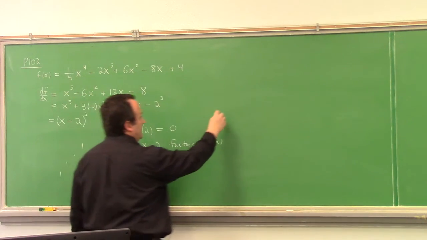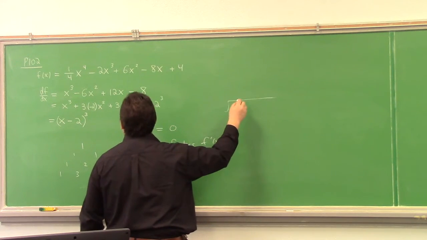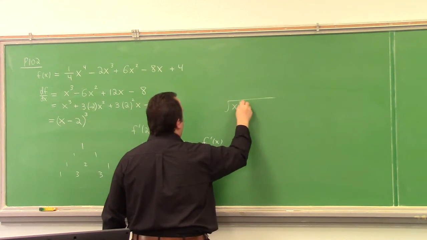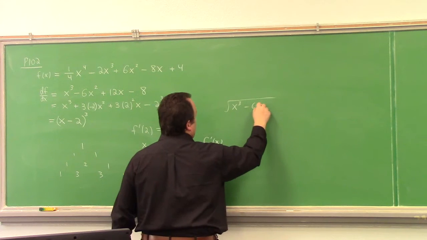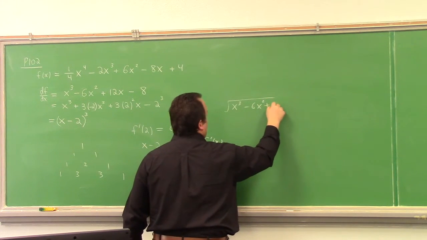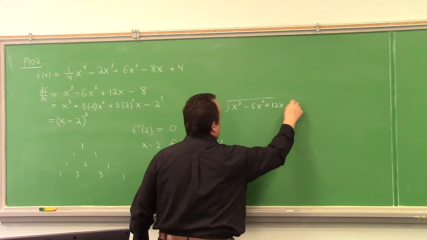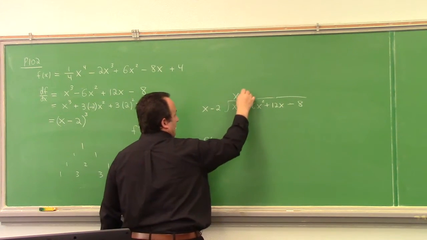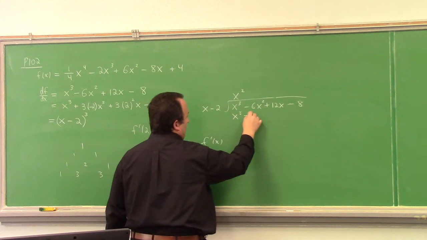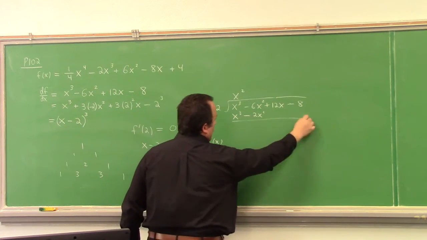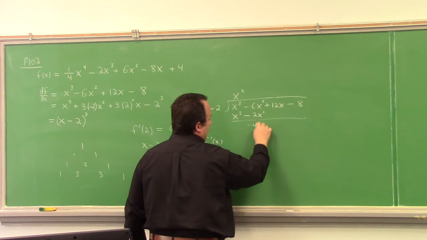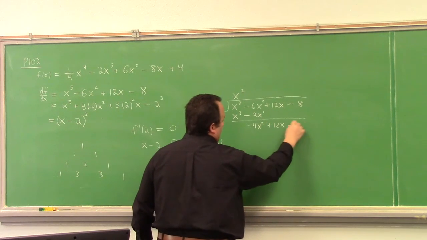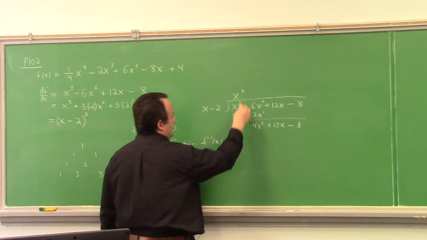So from that approach, you could have used long division or synthetic division if you prefer to discover how to factor, like this. Minus 4x.